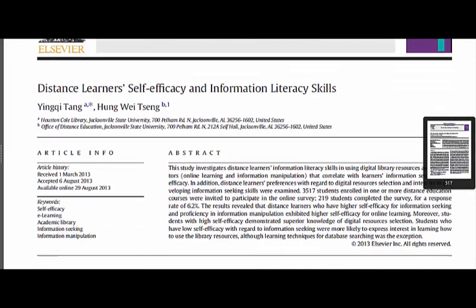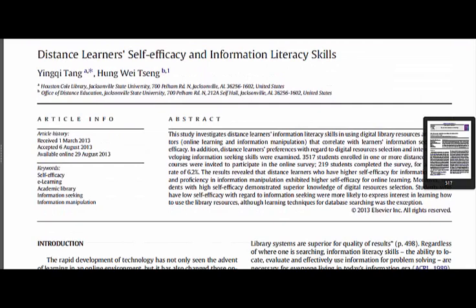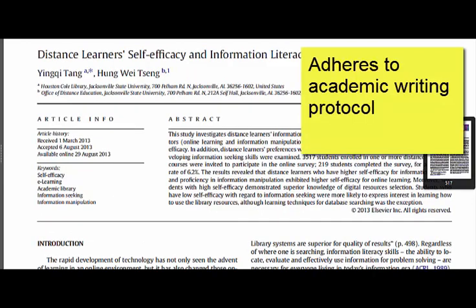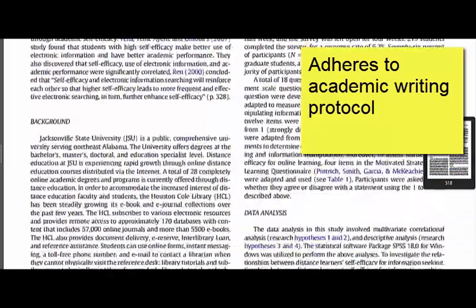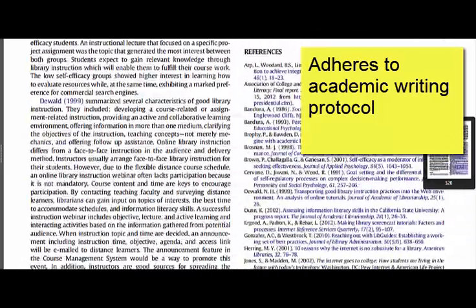Let us summarize our observation about the writing style. The writing style of the article meets full expectations of academic writing protocol with an abstract, keywords, introduction, subheadings, literature review, and a reference list. A rating of 9 out of 10 is appropriate.